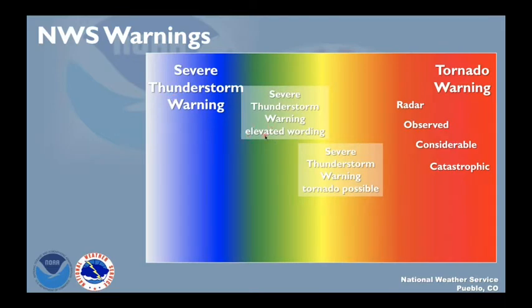If I see something on the radar that's begging for me to issue something with 1.5-inch hail as compared to 1-inch hail, that's called elevating the wording. If I see deep rotation connecting from the lower levels up to the higher levels, but I don't think there's a tornado quite yet, I'm going to issue a severe thunderstorm warning with a tornado possible tag.